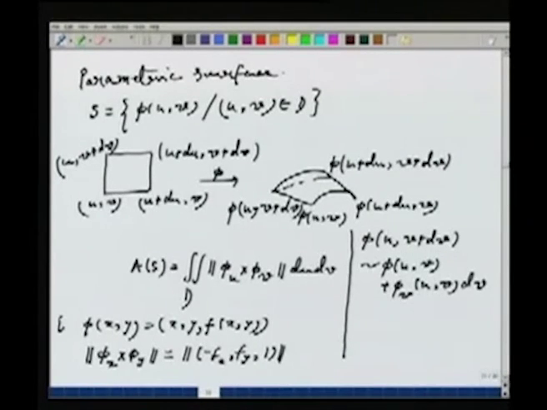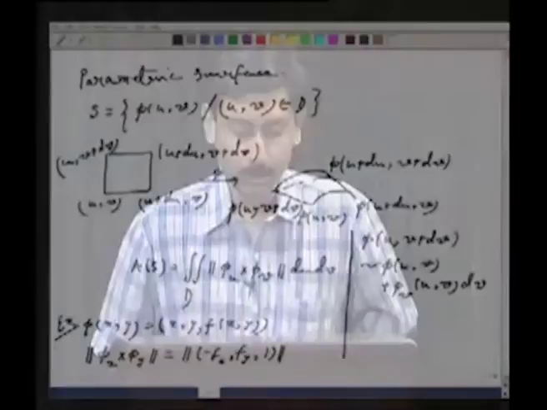Just show this as an exercise. That will show that the previous case, whatever I have done, has been generalized in the next case. Now, the next thing I want to do is, applying this, find the area of a given surface. Okay. So, let us look at the sphere again.